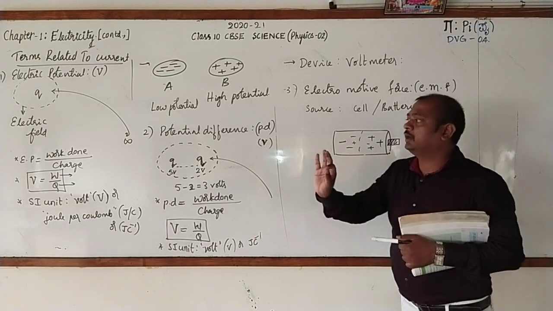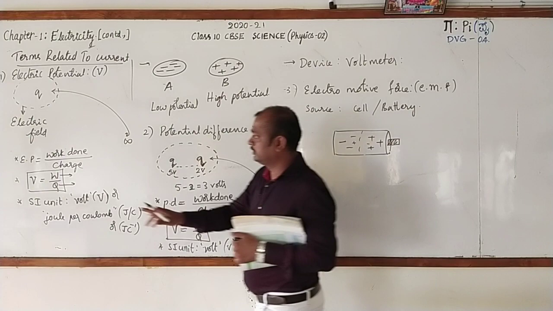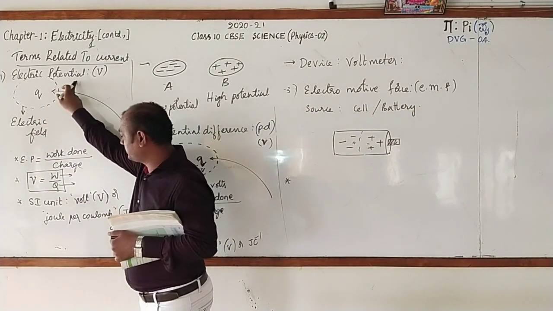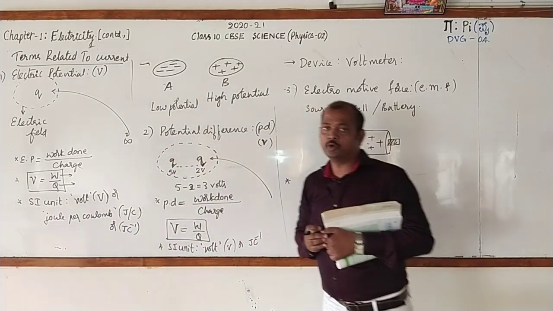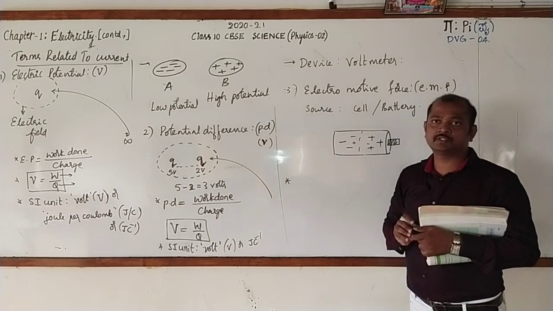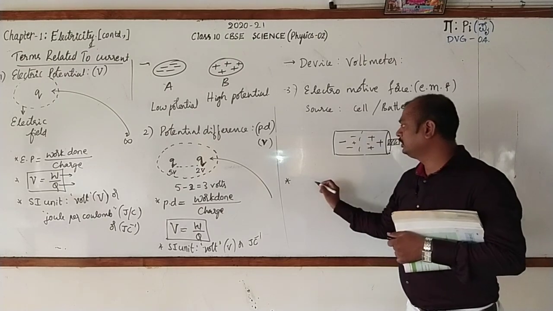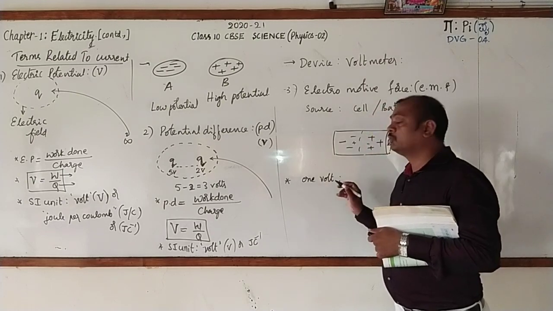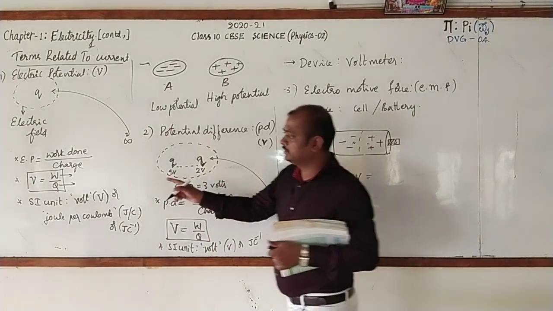Got it? And I'll give you one more important point you should copy. Observe here, electric potential and potential difference. The unit of electric potential is the volt. There is a chance of a question like this in the examination: define the SI unit of electric potential. Nothing but you are going to define 1 volt. Then what is 1 volt?